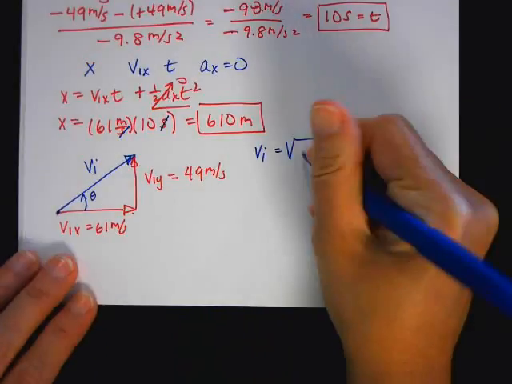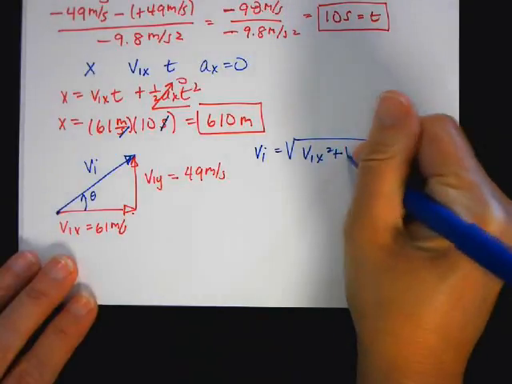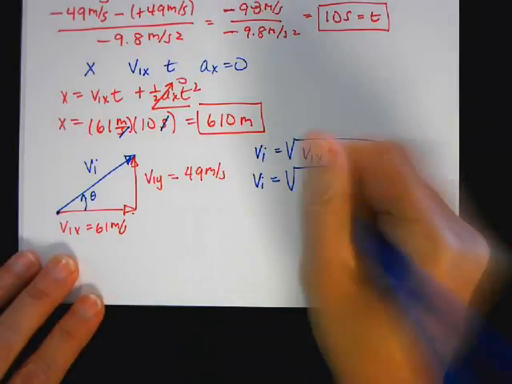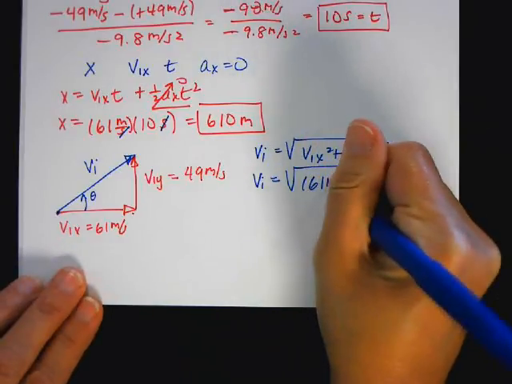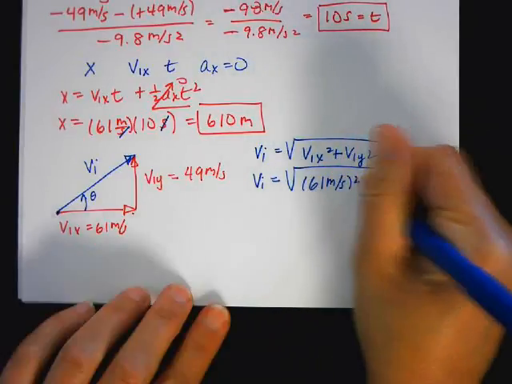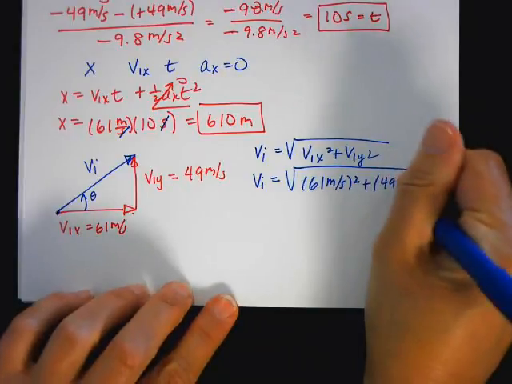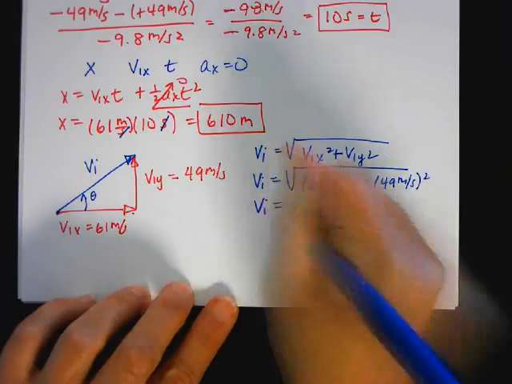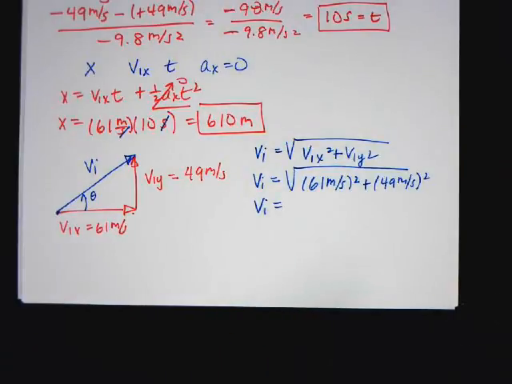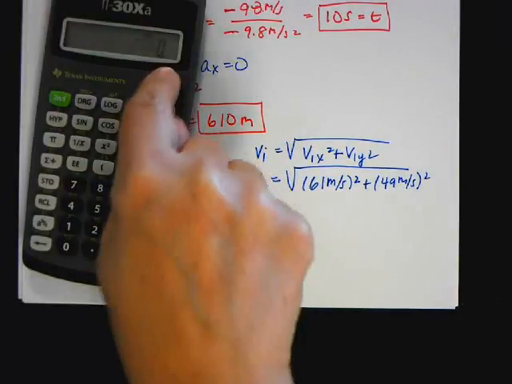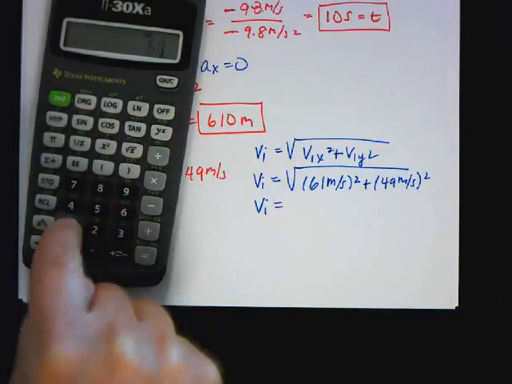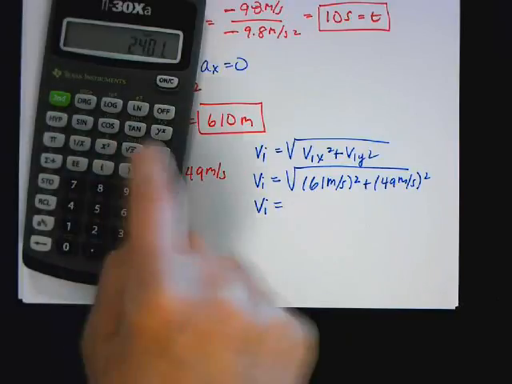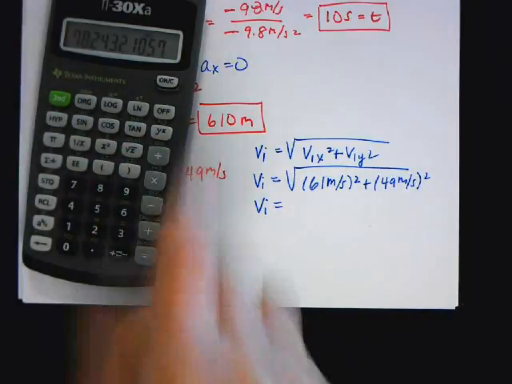So VI is equal to 61 meters per second squared plus 49 meters per second squared. And then when I do that on my calculator, 61 squared plus 49 squared equals square root, comes out to be 78. So VI is equal to 78 meters per second.